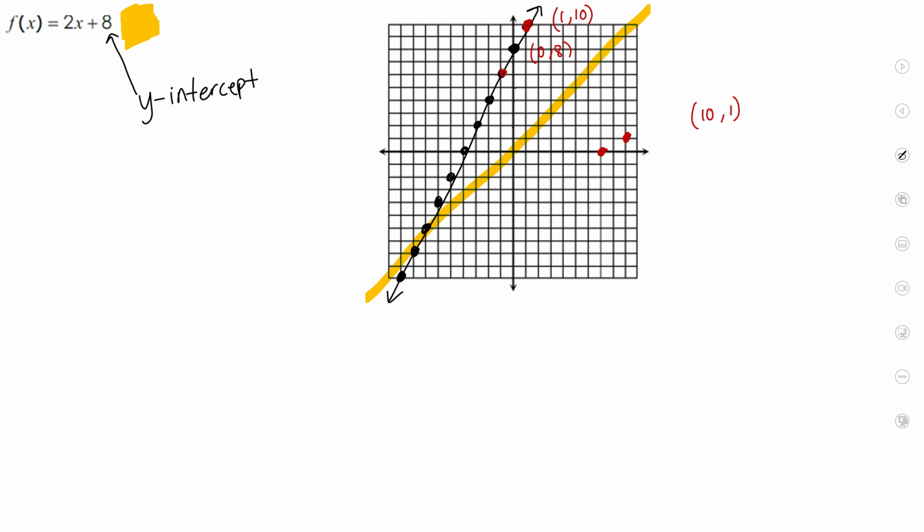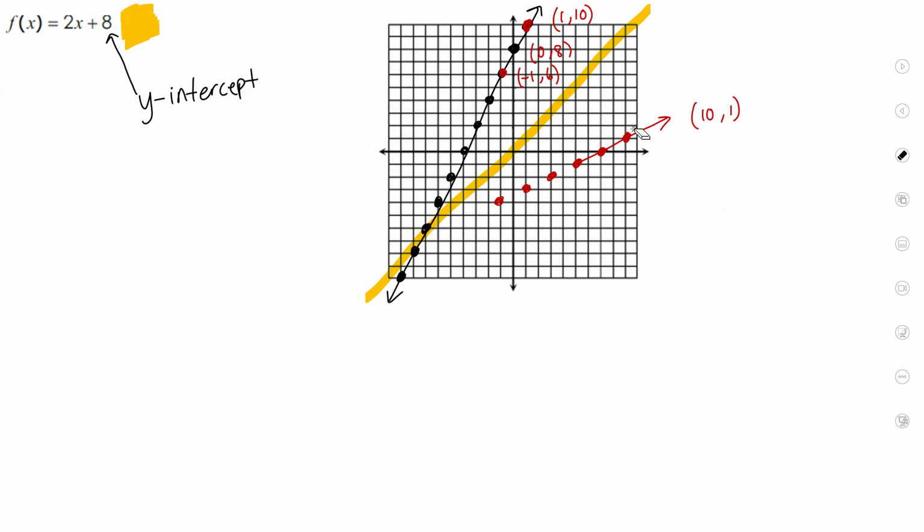This point is at -1, 6, so the inverse will have 6, -1 right here. Do you guys see what she did? She's creating the inverse line. She can continue this pattern. I can already tell what the slope is. It'll look something like that.